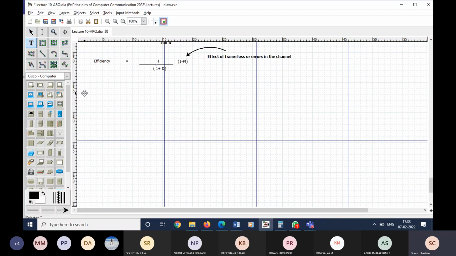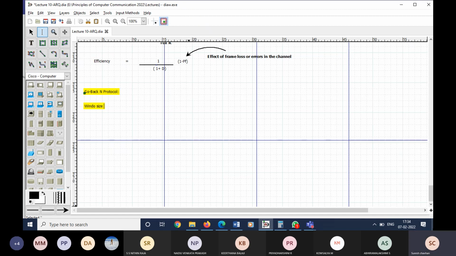So let's study the next protocol, the windowing protocol called go back N protocol. Here we have the window concept. Window size means the number of frames that have not yet got any acknowledgement from the receiver, right?